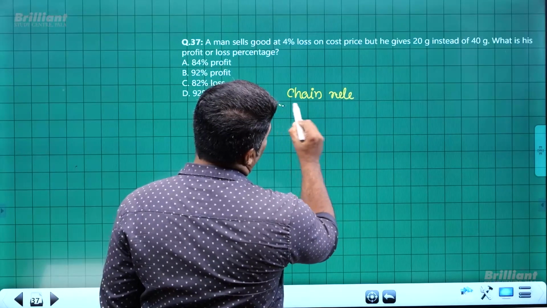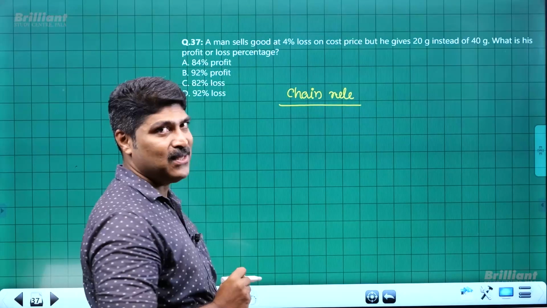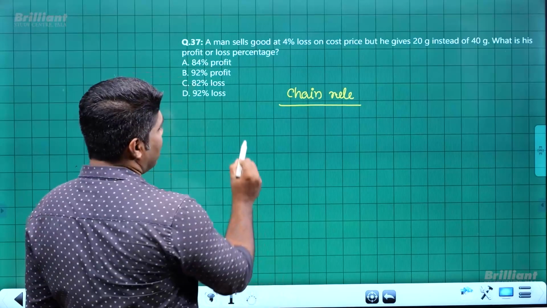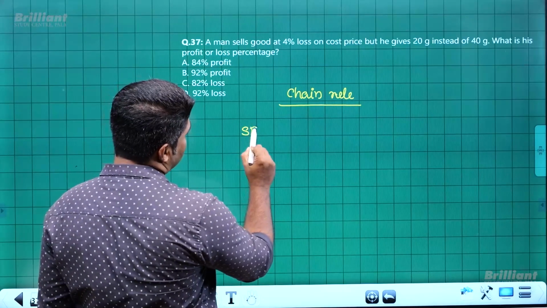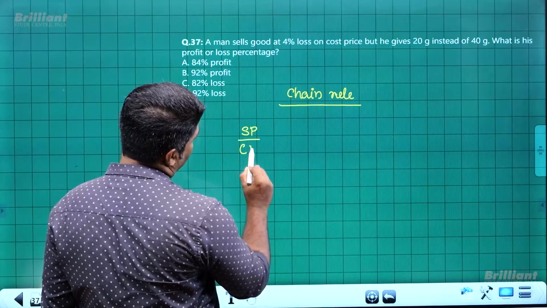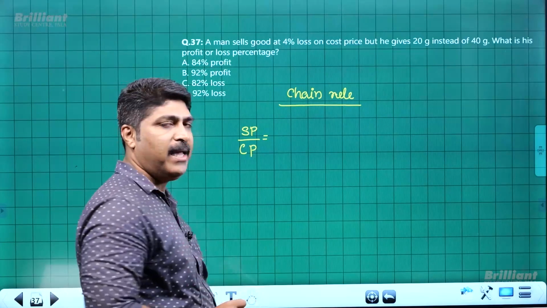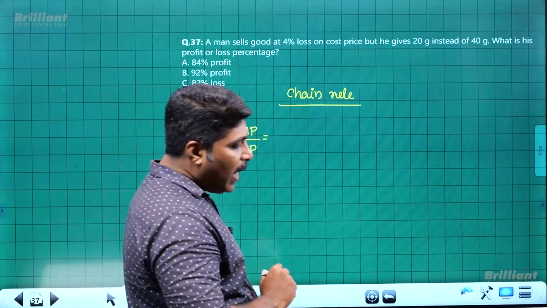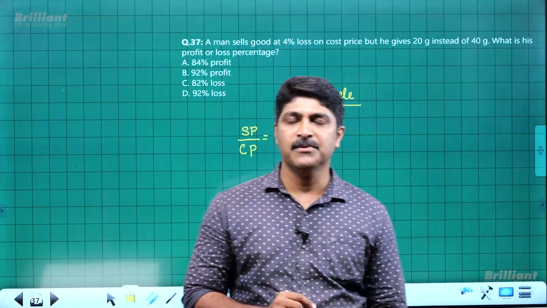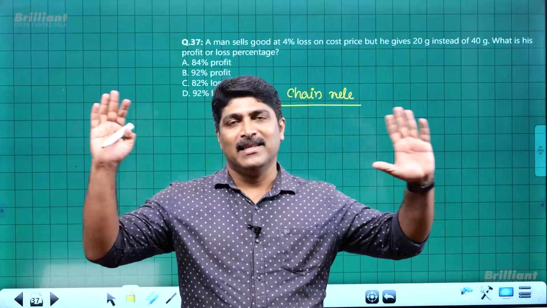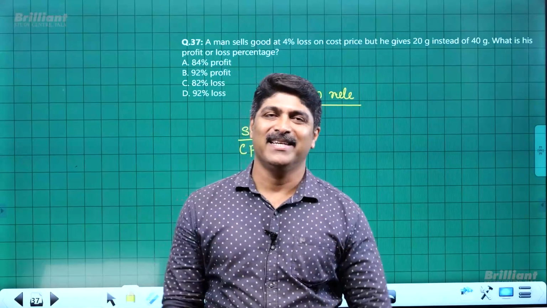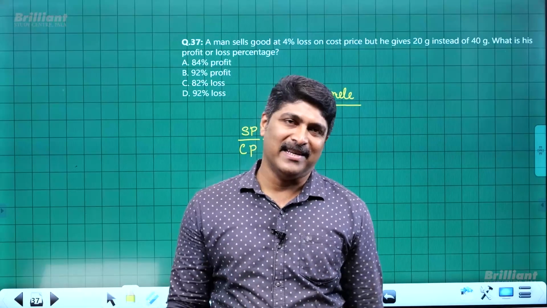Chain rule is nothing but a successive variation concept. In such a dishonest seller question, you have to write it like this: selling price by cost price. You have to empathetically consider that you are the seller. So just visualize like that.